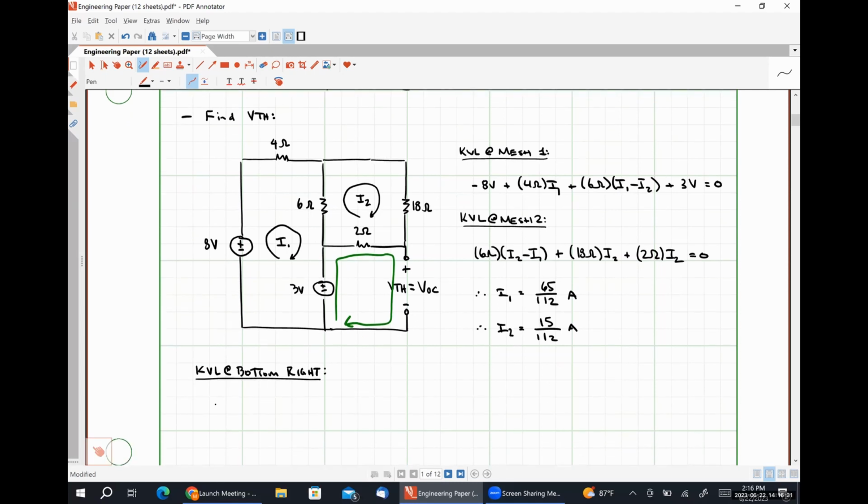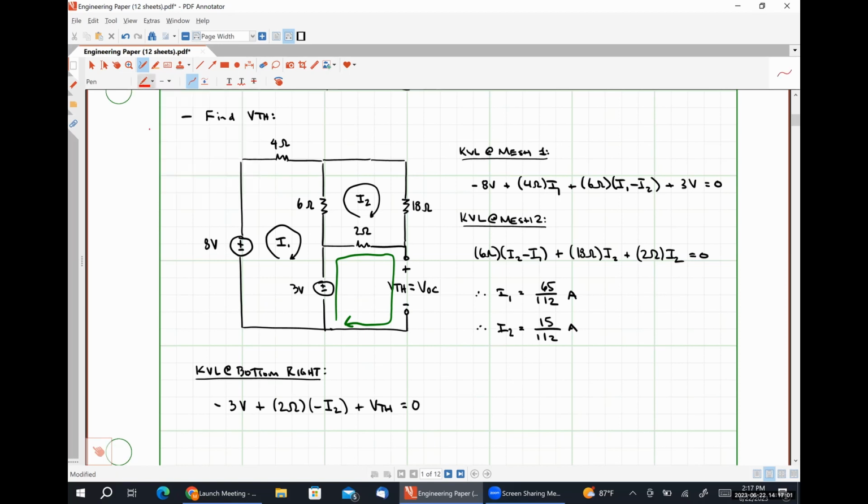That's going to look like negative 3 volts plus 2 ohms times I2 plus VTH is equal to 0.